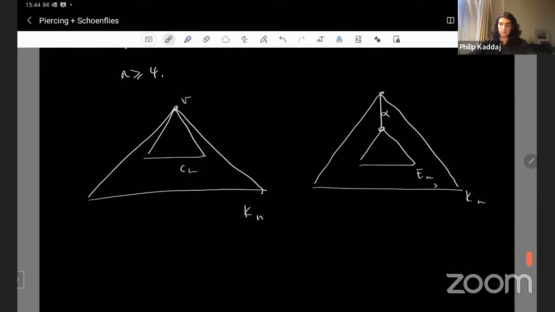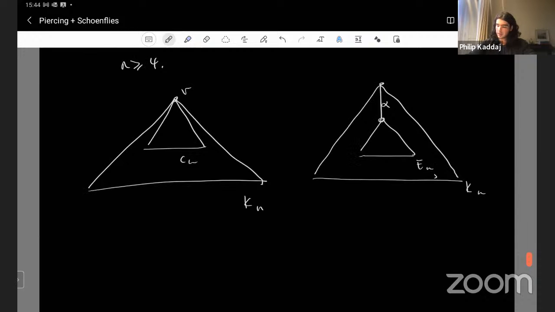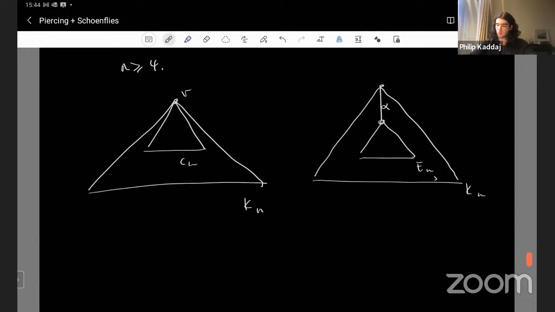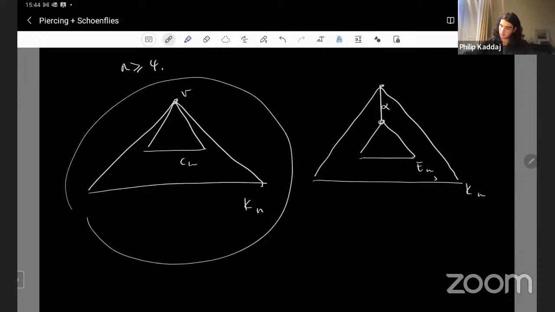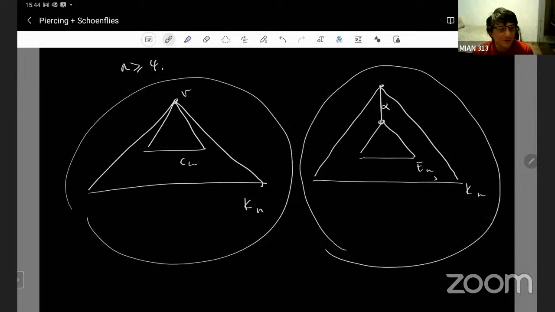Right, and the idea is that when we embed these, each of these embeds in the sphere. But it seems we are given that only the small simplex is embedded. What was the statement?